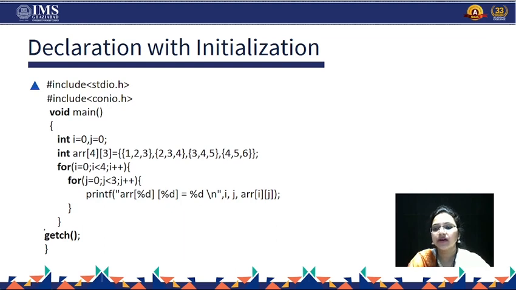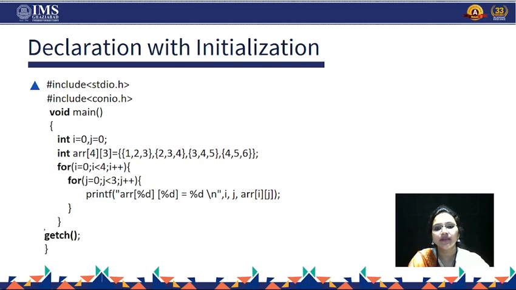So I have written array[%d][%d] is equal to %d within a subscript, the first subscript representing rows and the second subscript representing columns. So I have written %d for i and second %d for j, means first representing the row and second representing the column, and is equal to %d, and for that I have referenced array[i][j].